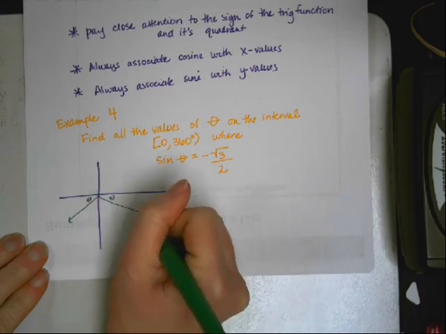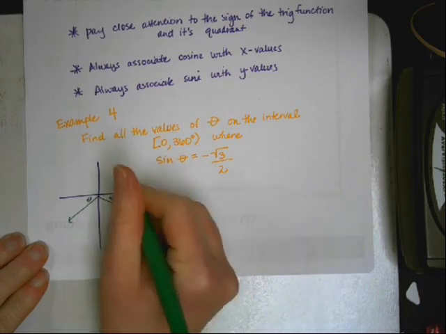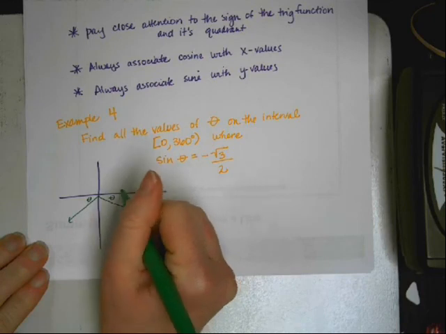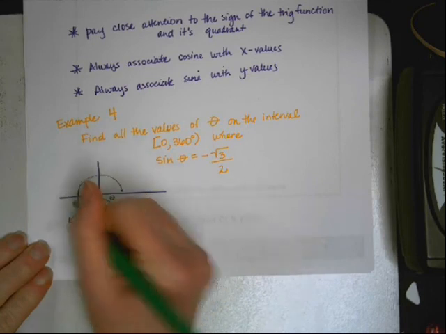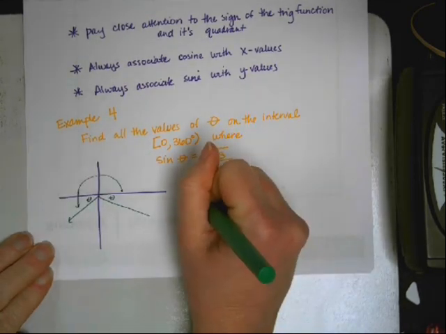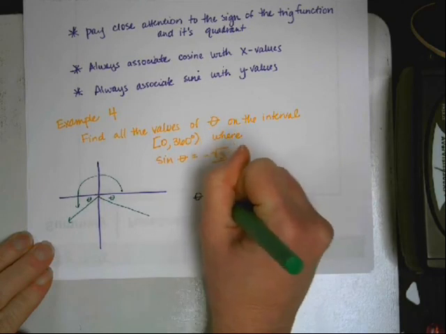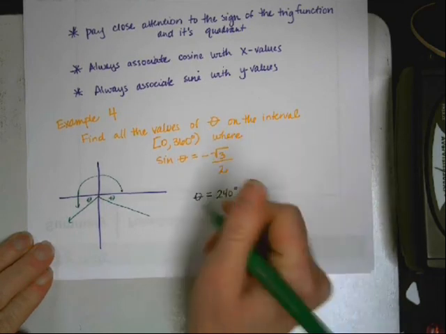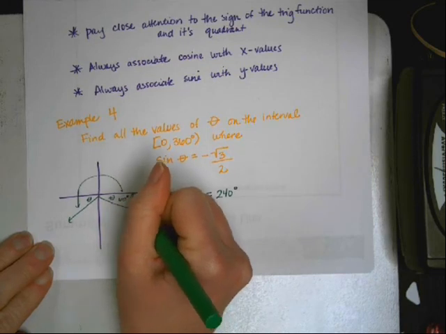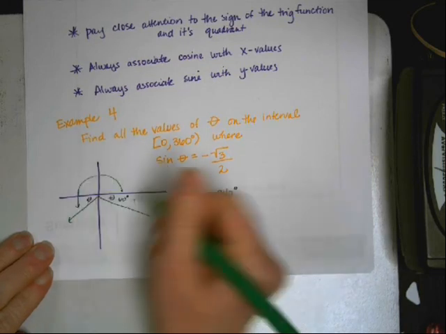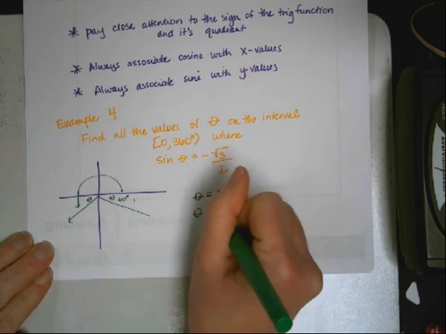So at 240 and 300. This would be 180 plus this 60, so theta is 240. And then if this is 60, that's 360 minus 60, so also where theta is 300 degrees.